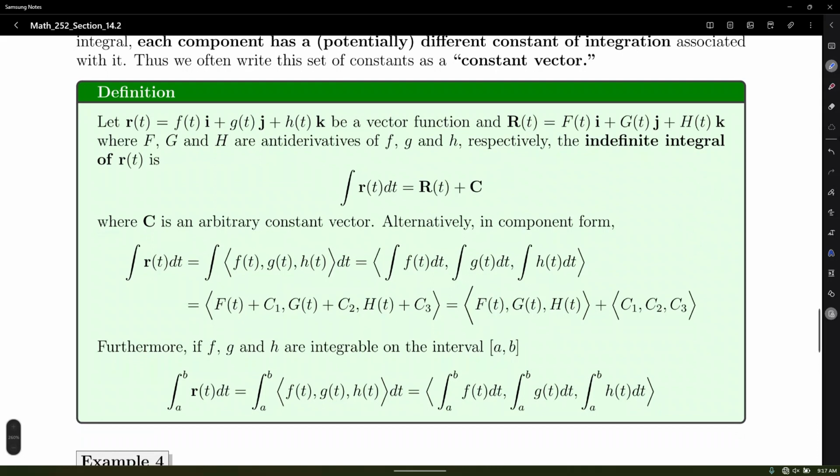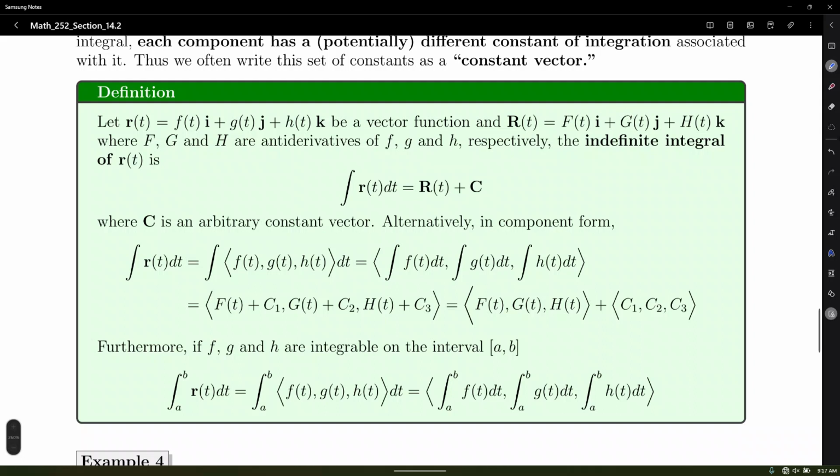Number one, we'll be given a vector valued function in linear combination notation or in component form, and it may be a vector in the plane or a vector in space. In this case, the lowercase f, g, and h represent the given integrand, and the uppercase F, G, and H represent the antiderivatives of those little f, g, and h.